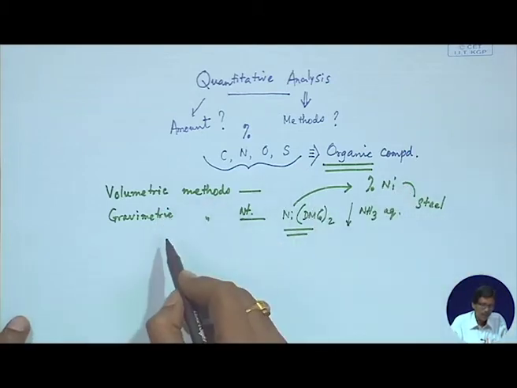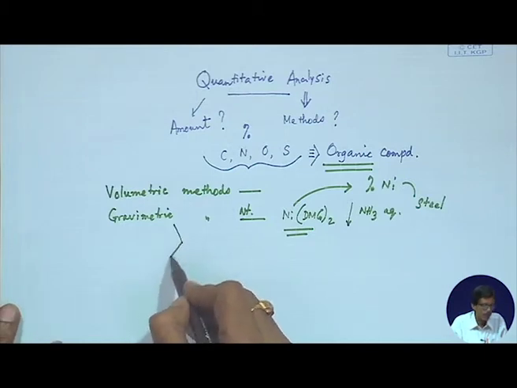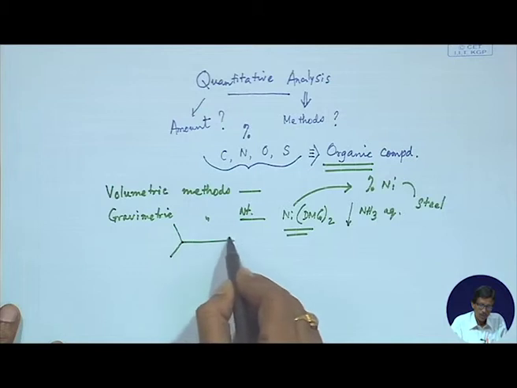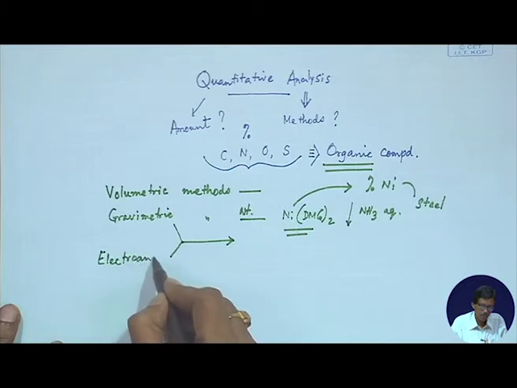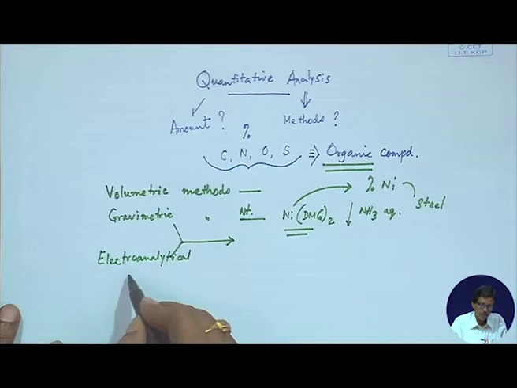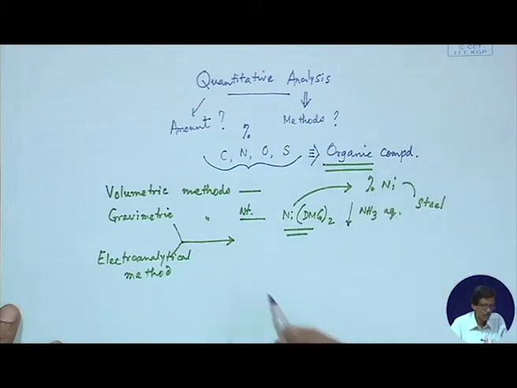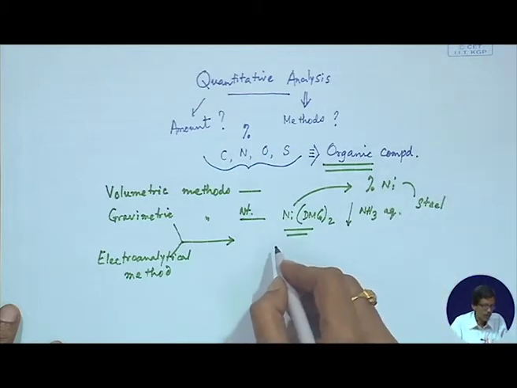And if we can tag this particular technique with some electrochemical method, we can give rise to something which is known as an electroanalytical method. In that particular electroanalytical method, we can analyze the mass of the analyte.